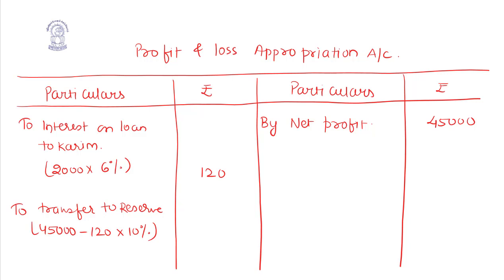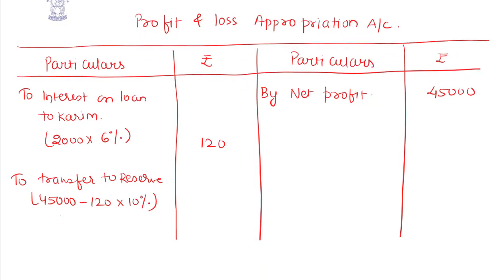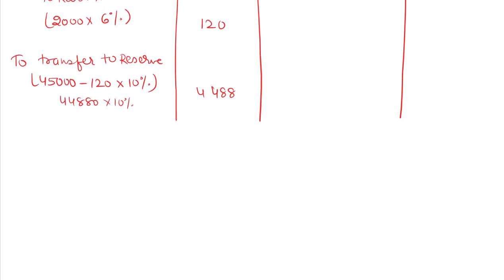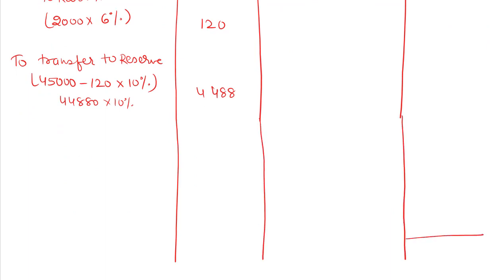So 45,000 minus 120 is 44,880. 44,880 multiplied by 10%, it is 4488. Total is 45,000. This total to be taken here on the debit side.